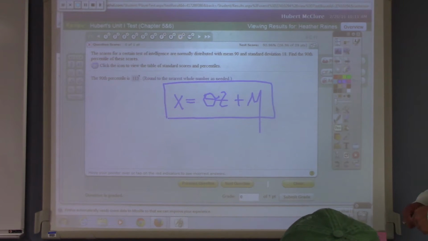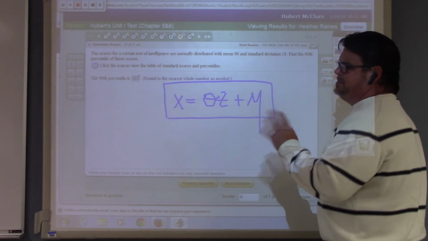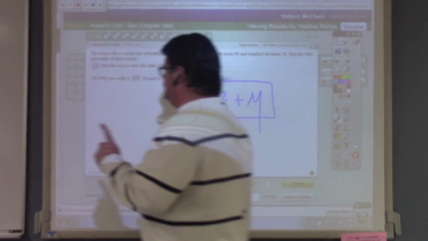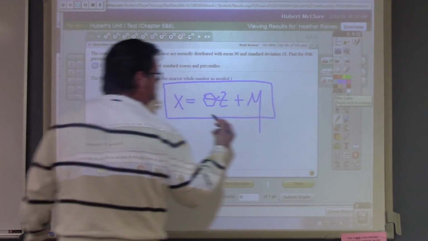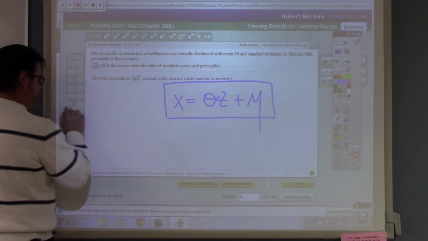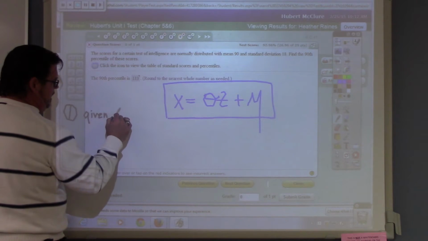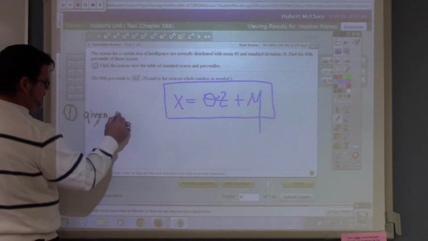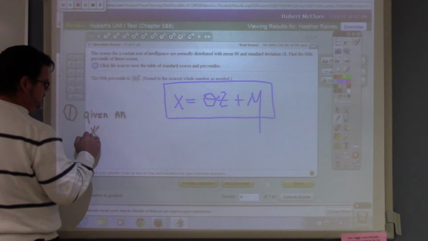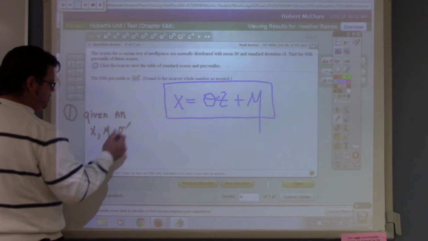Now, the problem is you don't have a z-score. So, there's two types of question with these z-score questions. The first one we've already done. Let me use black because it doesn't show up on the video as well. The blue doesn't. One, there is given an x, a μ, and a standard deviation.